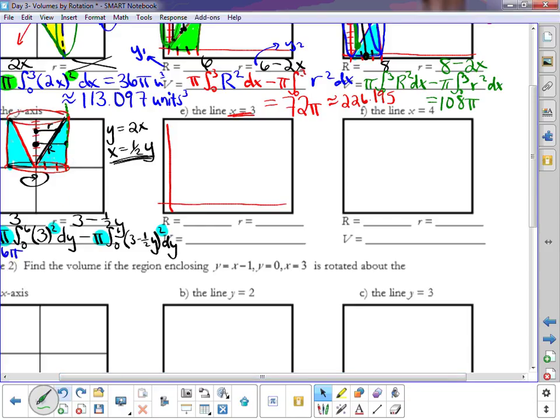Alright, so again, we're rotating around this line here. This will be pretty cool. So this is my region, and I'm rotating it around this guy.